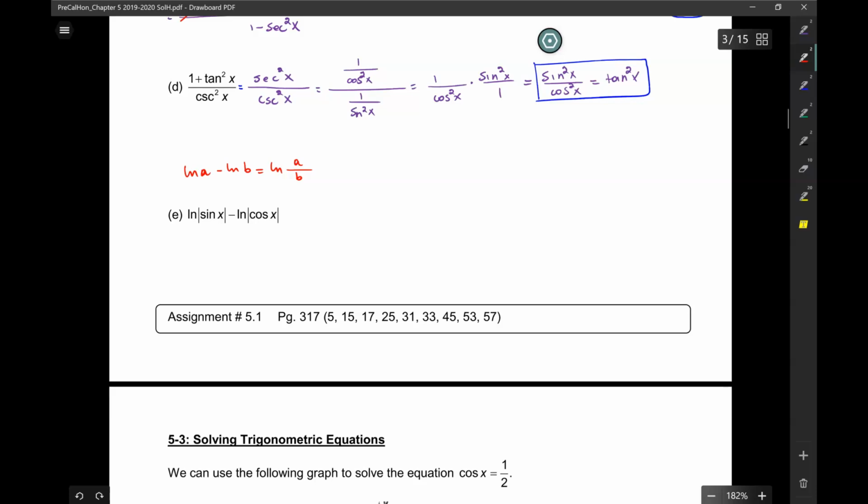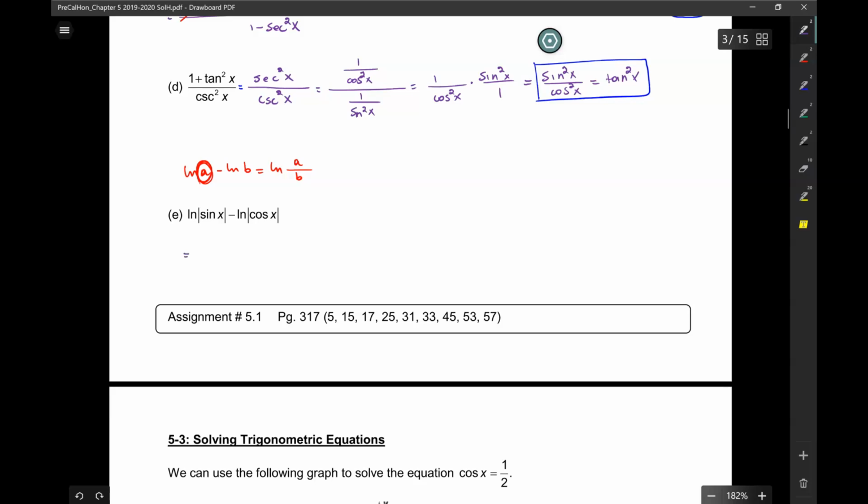One other thing here: when you have the absolute values around sine and cosine, that's because the term inside the ln must always be positive. And as we know, sine and cosine are positive half the time and negative half the time. So we have to put absolute values so that we only take the positive values of those.